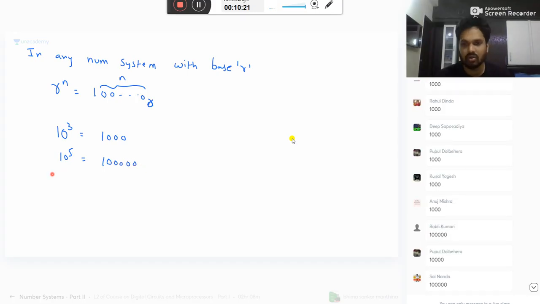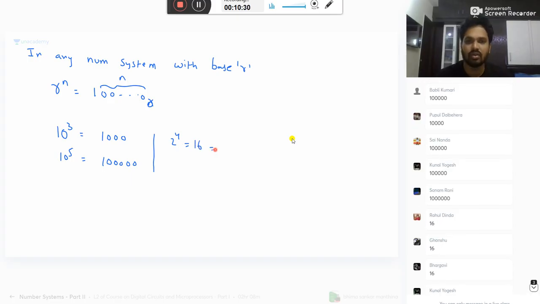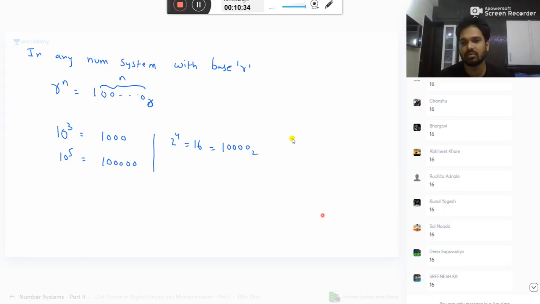Now, what is 2 power 4? 2 power 4 is 16, right? 16 is equal to 1 followed by 4 zeros in binary. Similarly, what is 2 power 3? It is 8. What is 8 in binary? 1 followed by 3 zeros. You can understand that in any number system, base r power n is nothing but 1 followed by n number of zeros. Is this concept clear for you?